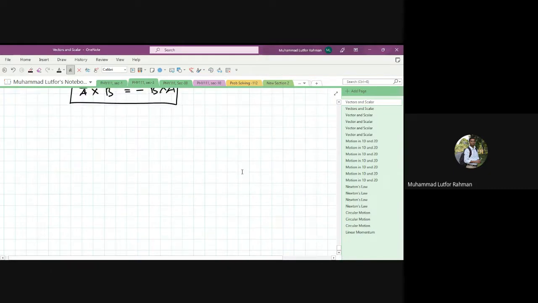Now, what is the physical significance of this cross product? Or why are we doing the dot product and the cross product? Say you have a room. Think about your room.